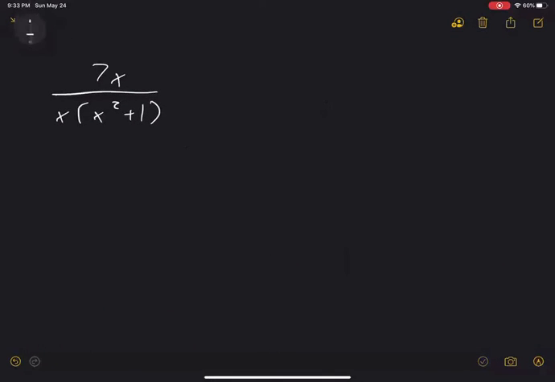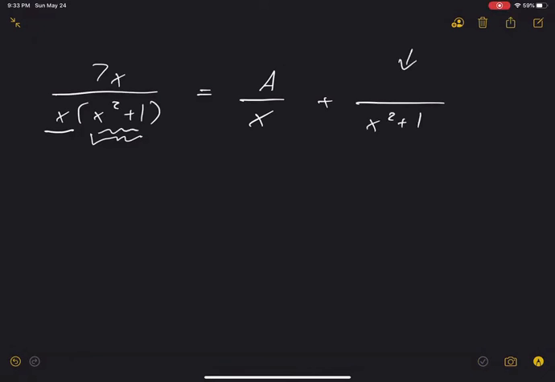So we factor our denominator as much as possible, and we get this thing that we can't factor anymore. So how do we deal with this? It's not quite the same, but let's deal with everything else for a second. The x term I handle the same way as my previous cases: A over x. And then I'm going to have something over x squared plus 1. The question is, what do I put in the numerator?